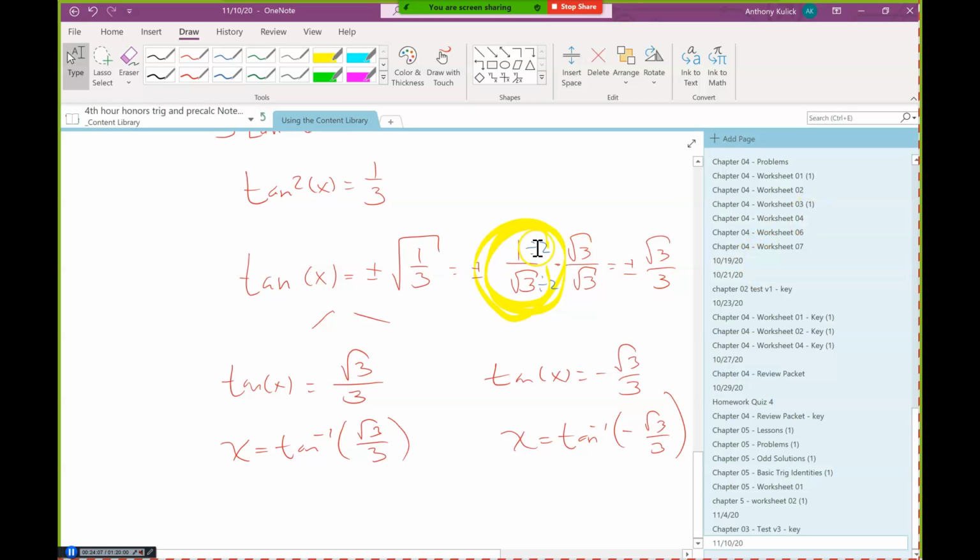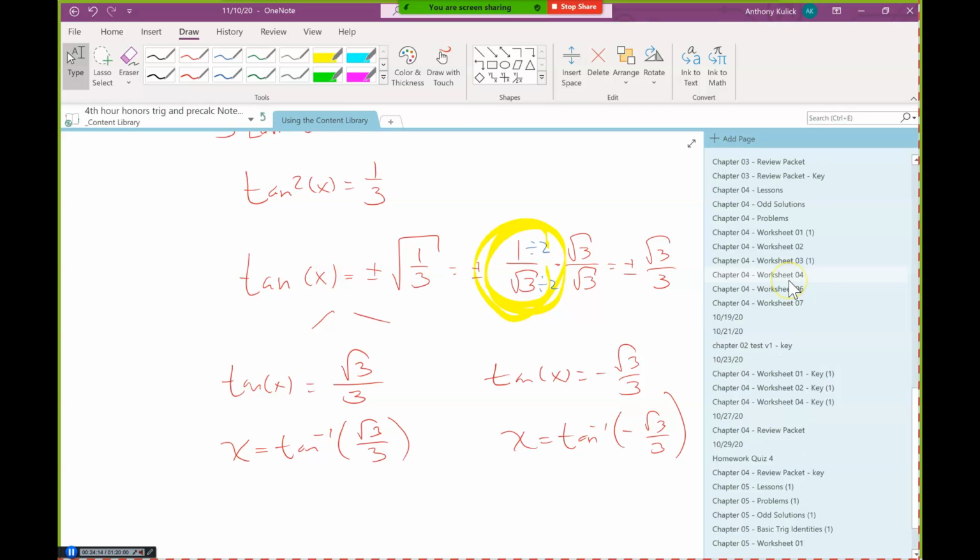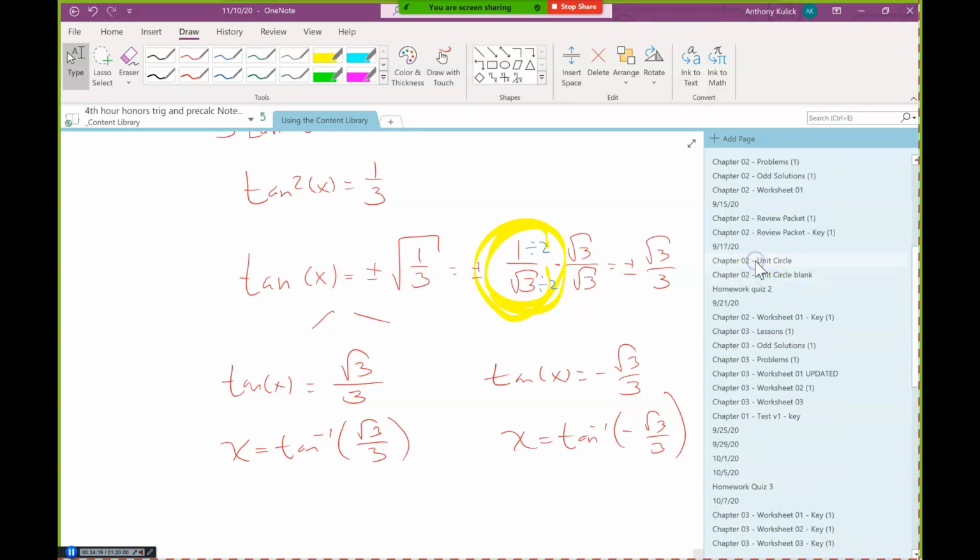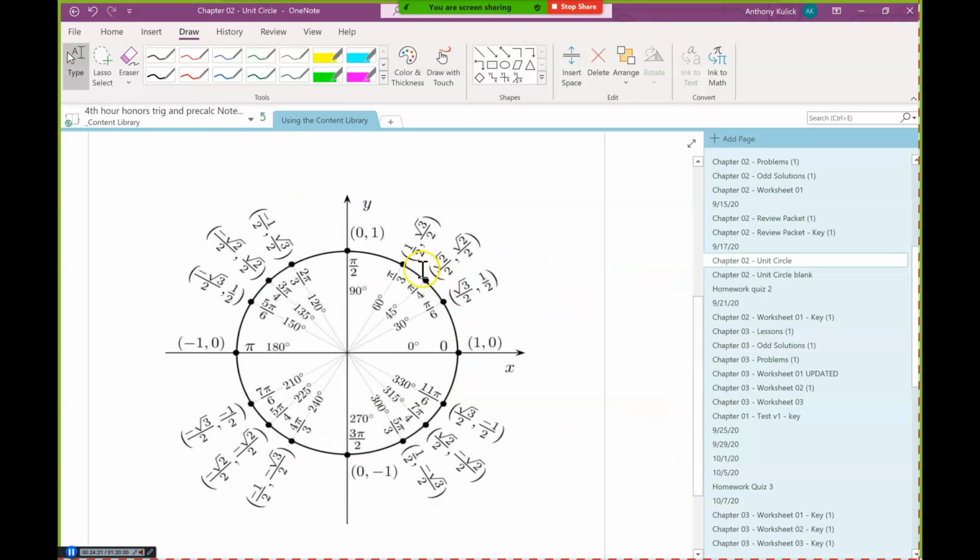So if I go look at my unit circle, I'm looking for a place where the y coordinate is 1/2 and the x coordinate is square root 3 over 2. That happens at pi over 6. And it could also happen if they were both negative, right? So that would be at 7 pi over 6.